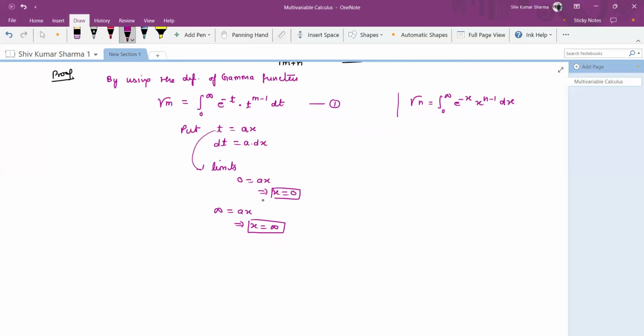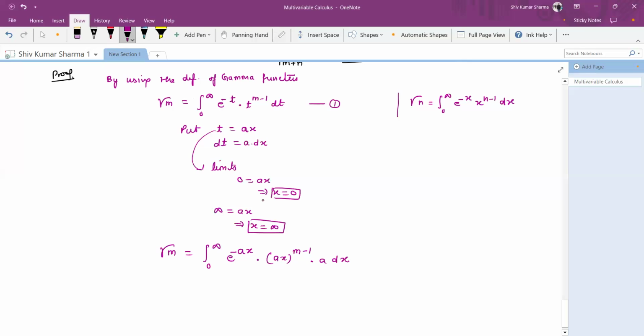So we write gamma m is equal to integral 0 to infinity e raised to the power minus t, where t is ax, so e raised to the power minus ax into (ax) raised to the power m minus 1 into dt, and dt means a into dx.